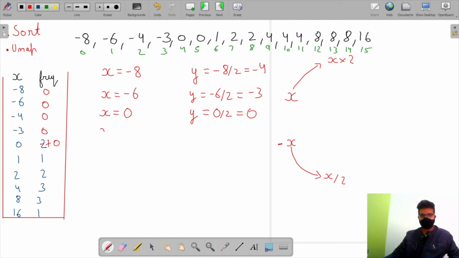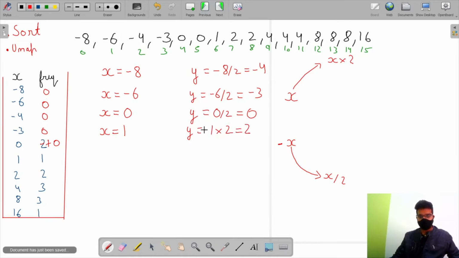We got x as 1. Now that's interesting. So now x is equal to 1. So what will be our y? Our y will be into 2 instead of upon 2 because it's a positive value. Right. So we are going to check if our double exists or not. So 1 into 2, that is 2. Right. So now what are we going to do?